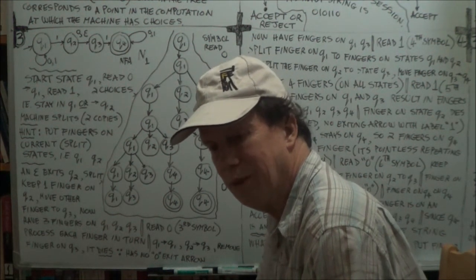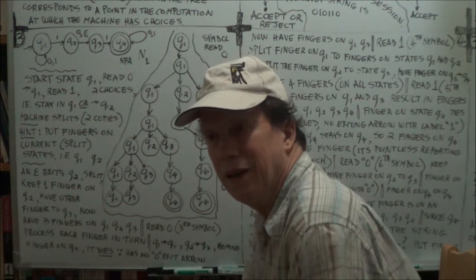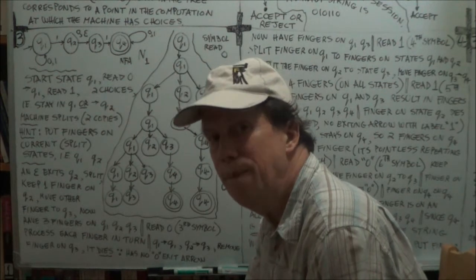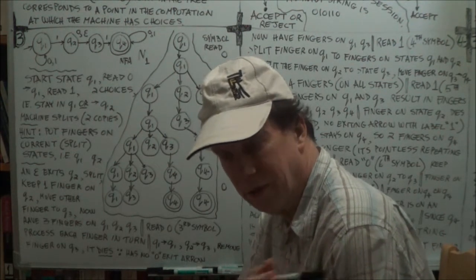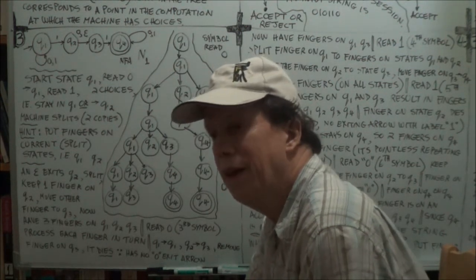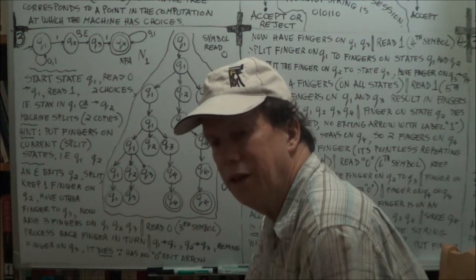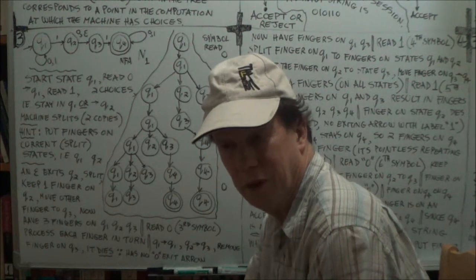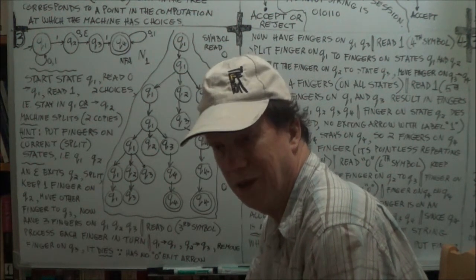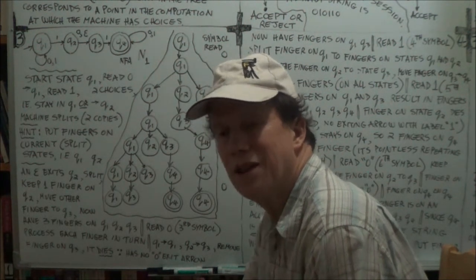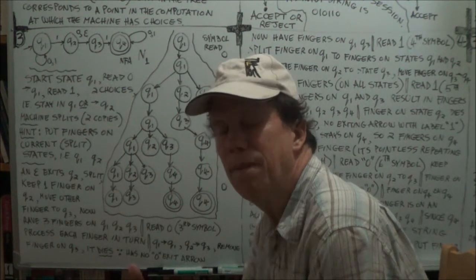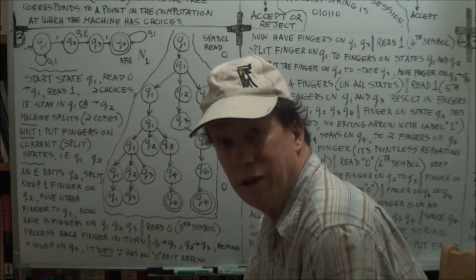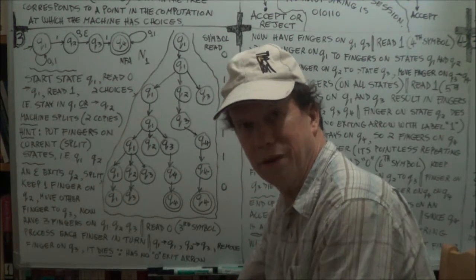In fact, jumping ahead a little, I can tell you now that for any NFA, and we will prove this later, there is a corresponding DFA. In other words, for each non-deterministic finite automaton, there's a corresponding deterministic finite automaton that does the same thing.